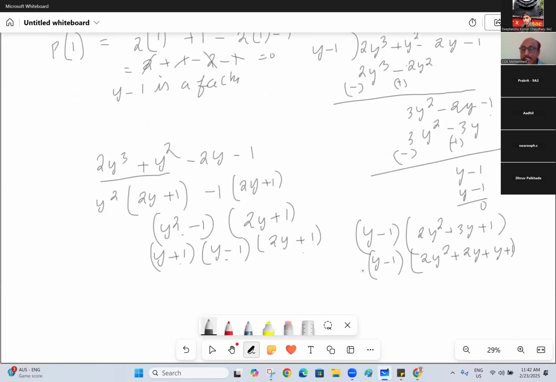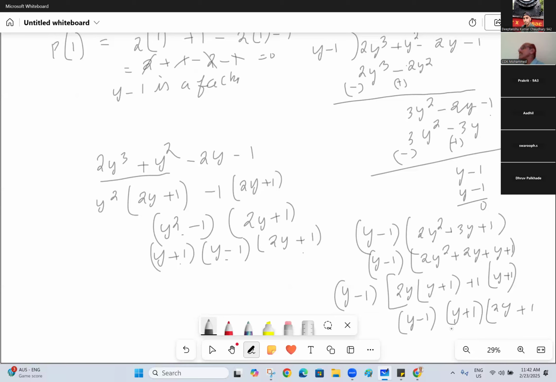Then you will get y minus 1 into 2y into y plus 1 plus 1 into y plus 1. So the final answer is y minus 1 into y plus 1 into 2y plus 1. That is the answer. See, this is in 3 steps.